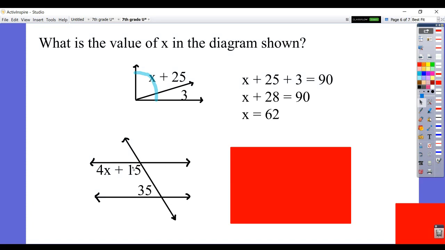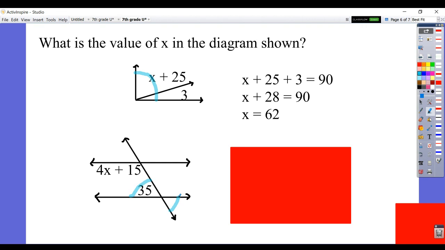Now, this one down here tends to confuse people a little bit more, understandably. So just to be clear, we did work with special types of angles in this unit. And one thing that we discovered is that vertical angles are congruent. So if this is 35, this is 35, okay?